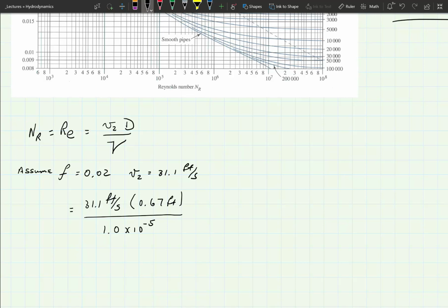And that should come out with, what are the units on that? Feet squared per second. I think that's the right unit, because we want it unitless. And we're going to get 2.08 times 10 to the 6.